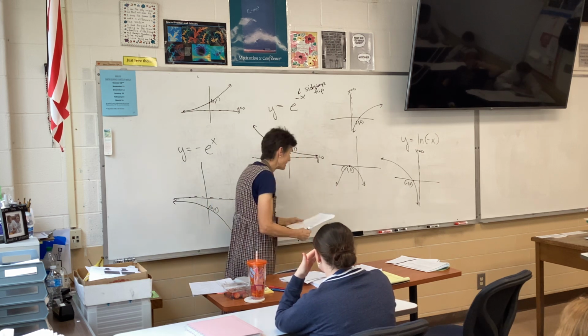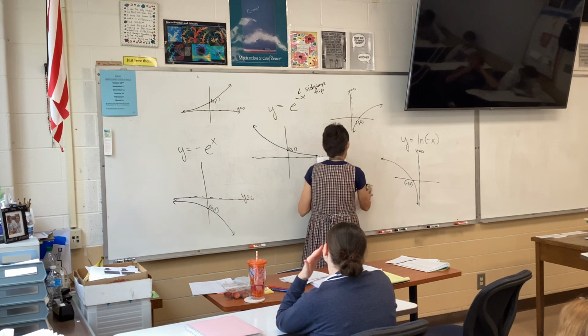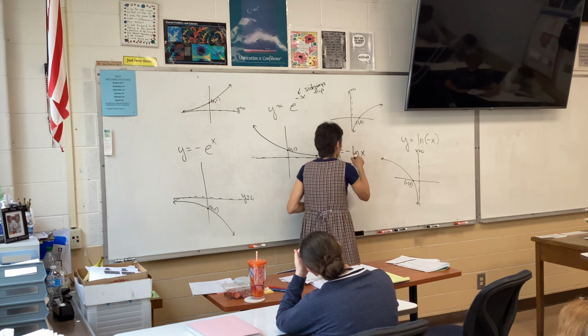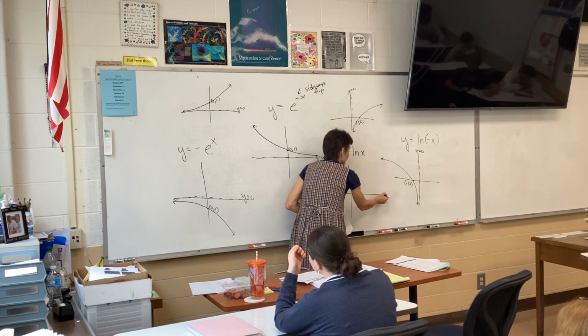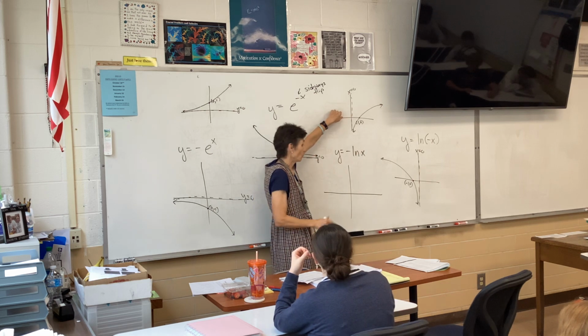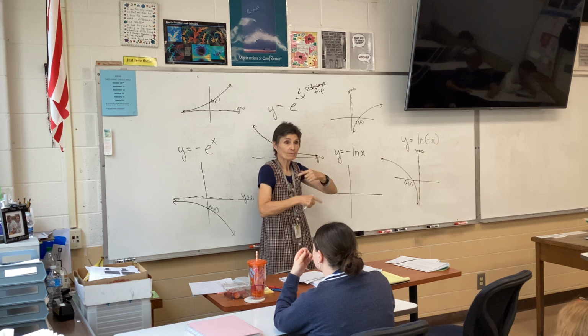Now, how does that differ from letter F, which is also a logarithm problem, but now the negative is out in front? So go back, this is the original. What does a negative out in front do? Upside down, right?